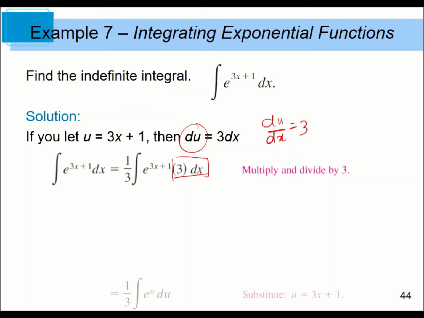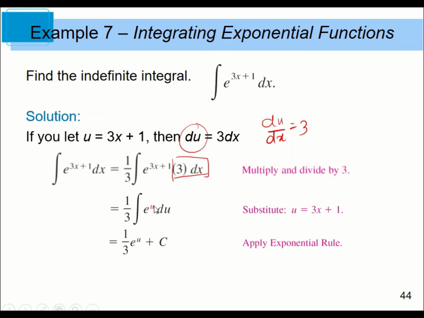After that, we replace 3x plus 1 with u, and the 3 dx with du. Now we have the integral of e to the power of u du. Integrating this, we will have e to the power of u plus c, with a 1 over 3 in front. Finally, change the u back to 3x plus 1.